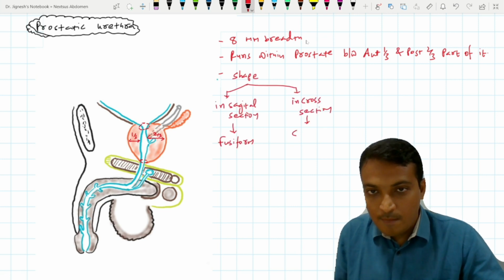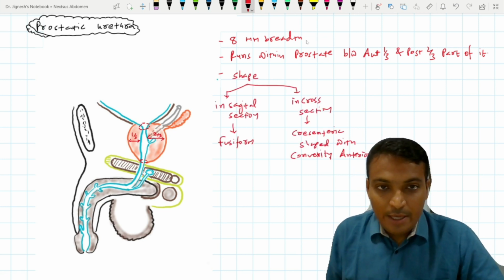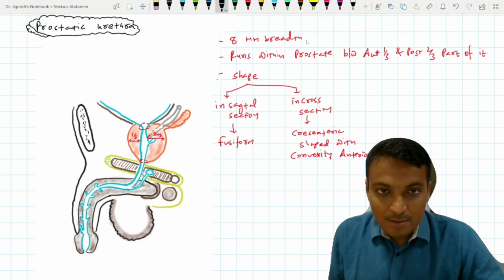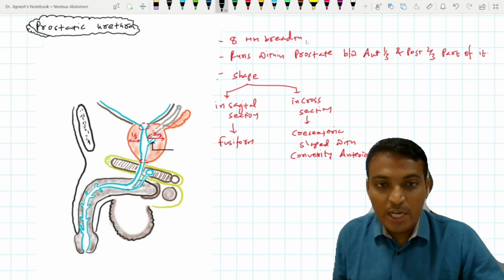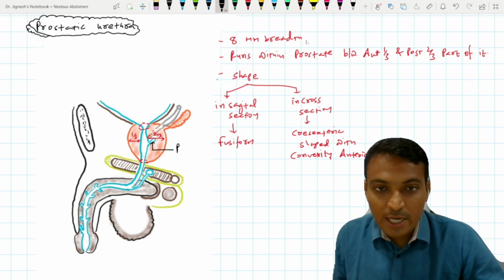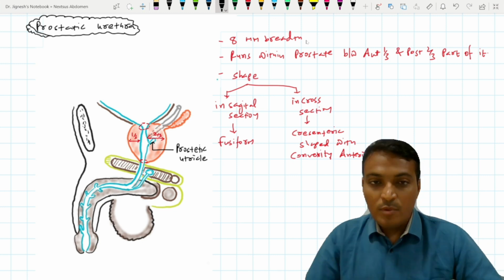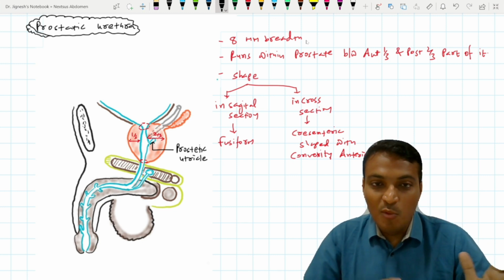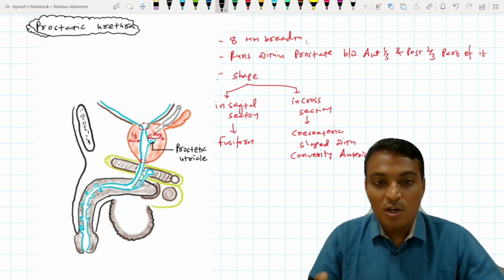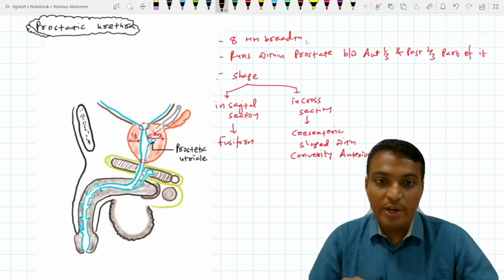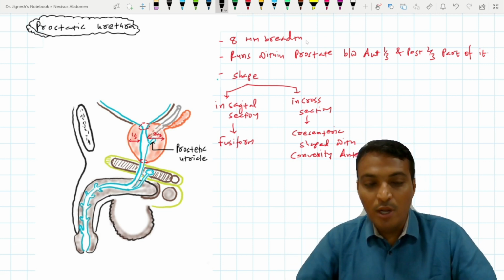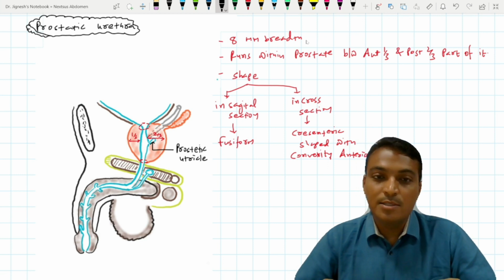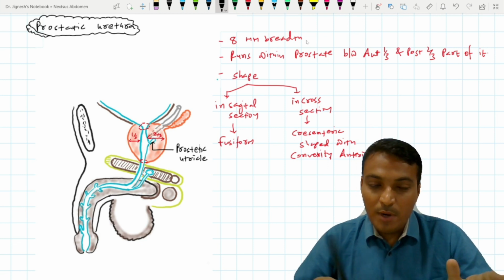Here in this figure, we can appreciate this bulging, or outpouching, on the posterior wall of the prostatic urethra. It is called the prostatic utricle. The prostatic utricle is the homologous part to the vagina of the female, because it is also developed from the caudal part of the Mullerian ducts.